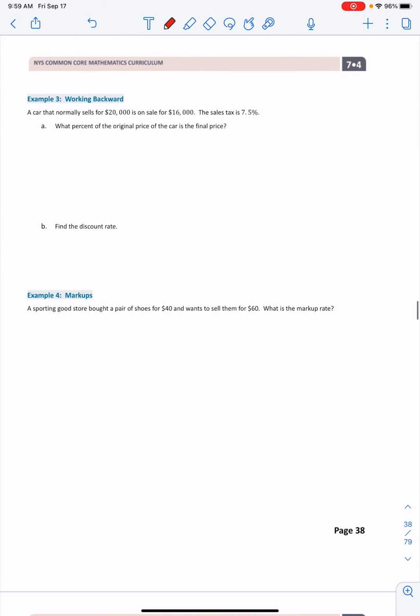Next, a car that normally sells for $20,000 is on sale for $16,000. The sales tax is 7.5%. What percent of the original price of the car is the final price? So we've got P, percent, and W. We have 16,000, X, and 20,000.